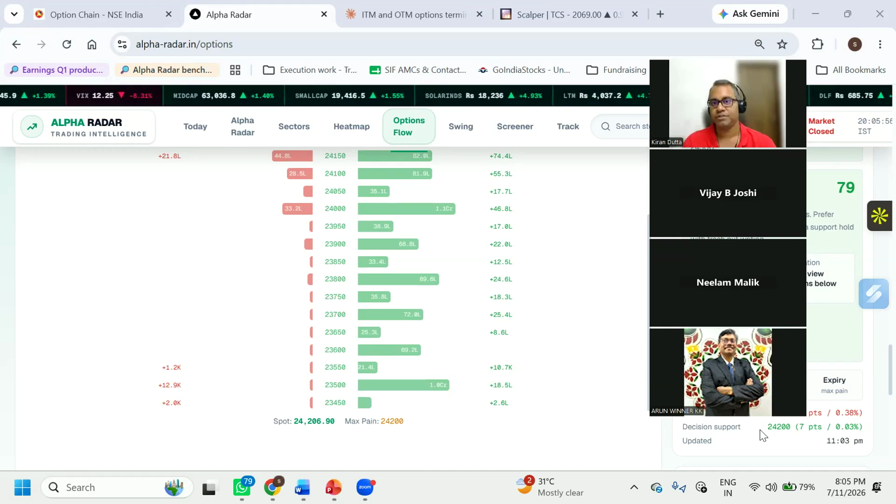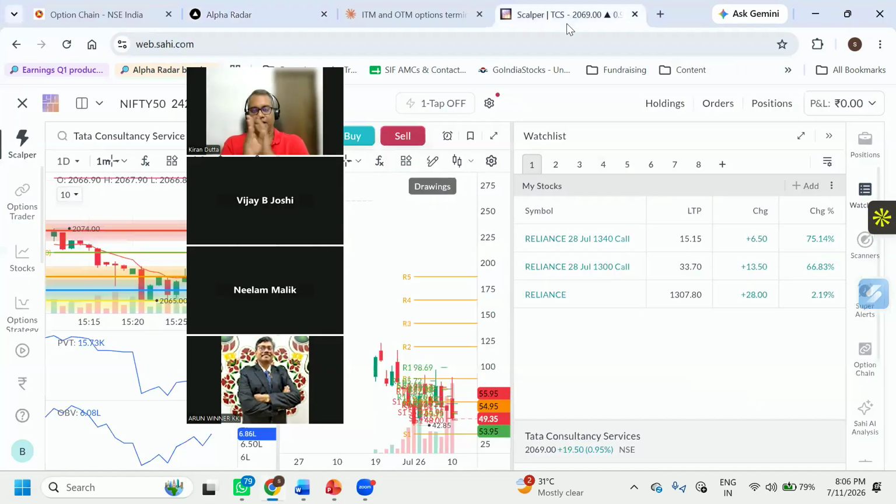Again, look into this. Forget about Reliance price here. Choose whatever commodity, might be anything. My commodity price today varies. 1307 is my one commodity price.